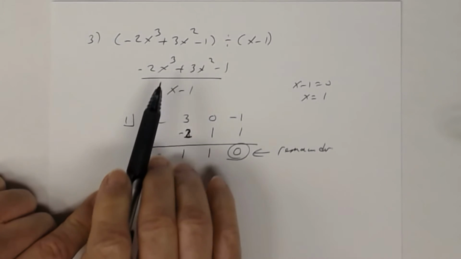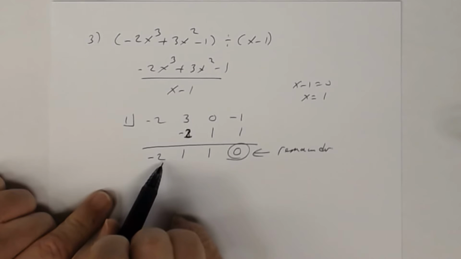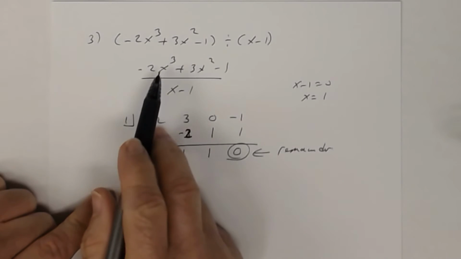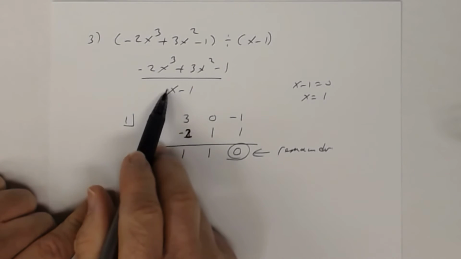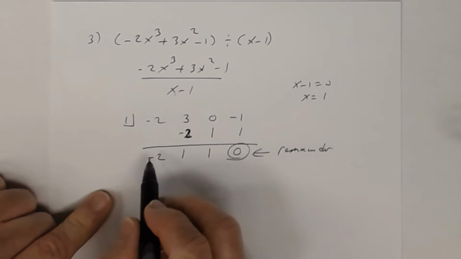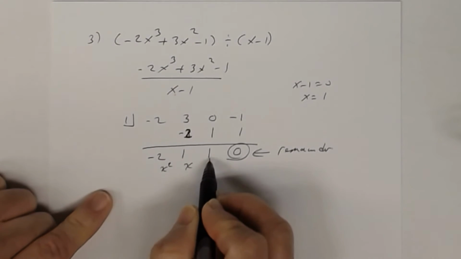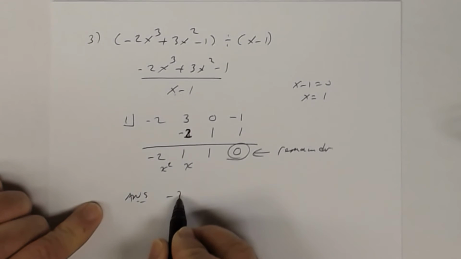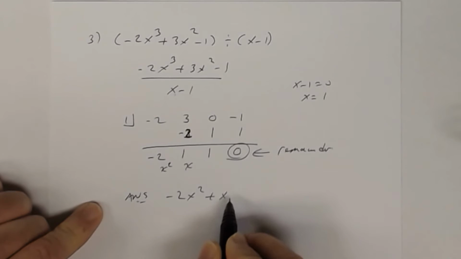Okay? So remember, this is x cubed, so this has to be x squared. The degree of your quotient is going to be 2. You always go 1 less because you're dividing by x. -2x cubed divided by x is -2x squared. This is x. This is your constant. So the answer will be -2x squared plus x plus 1.